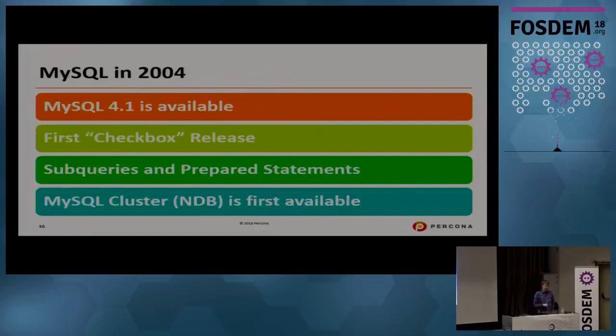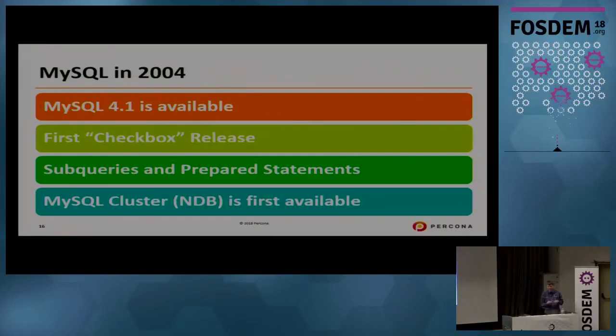In 2004, MySQL 4.1 is available. And I would call that the first checkbox release, because at that time, a lot of MySQL focus was driven by sales and marketing. Hey, how can we get the new features which could serve some customers, right, which are asking for them.